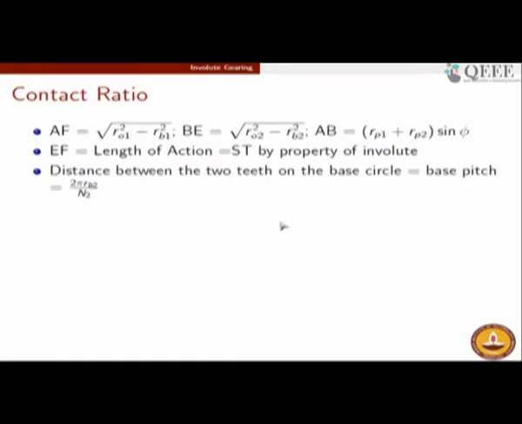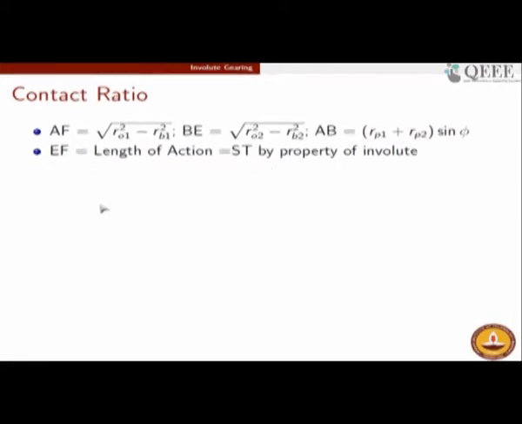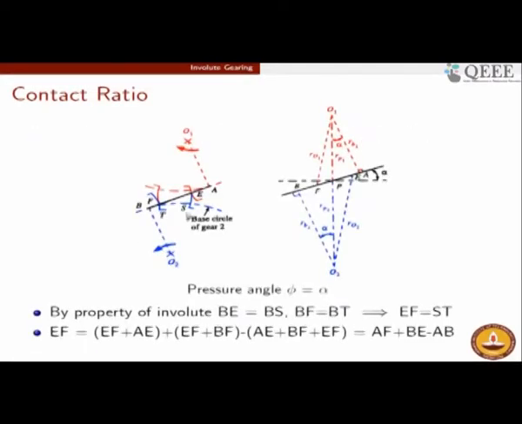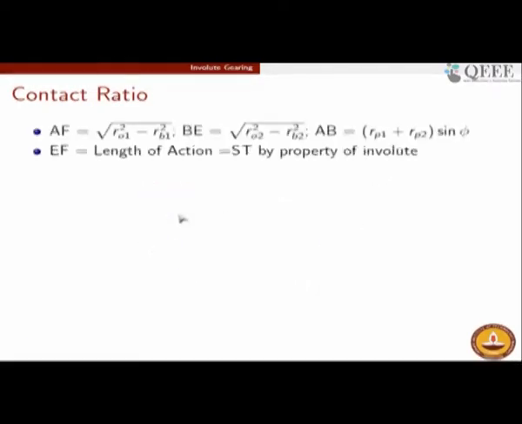So in a similar fashion, as we have derived the circular pitch definition, similarly we can arrive at a base pitch, that is the distance between the two teeth on the base circle instead of the pitch circle. So just like we got the expression for the circular pitch as 2 pi rp divided by n, similarly base pitch is 2 pi rb divided by n. So for gear 2, this base pitch is going to be 2 pi rb2 by n2.